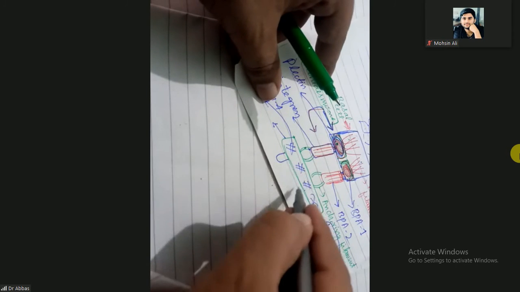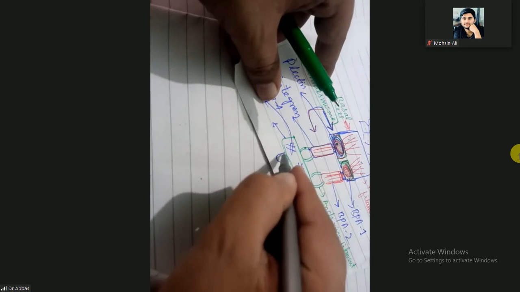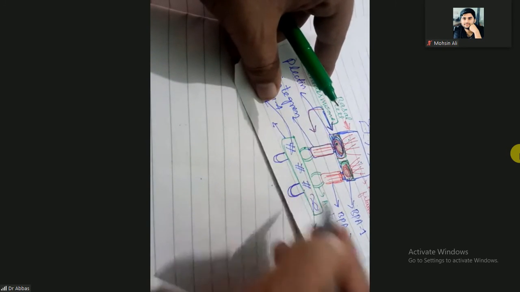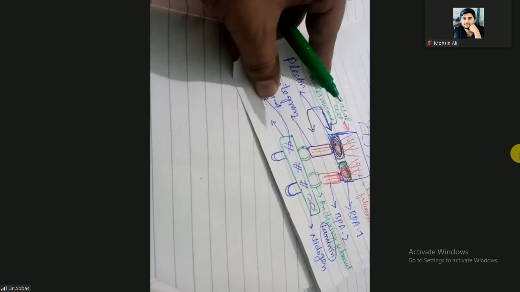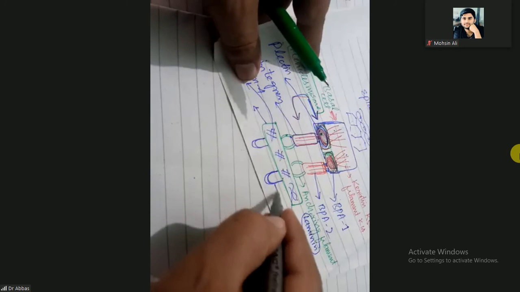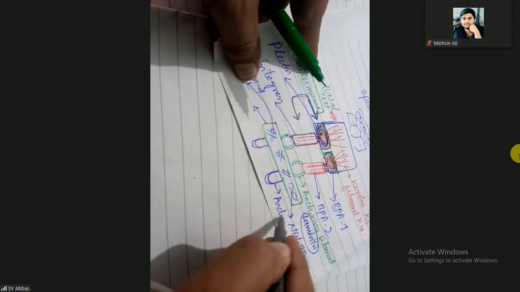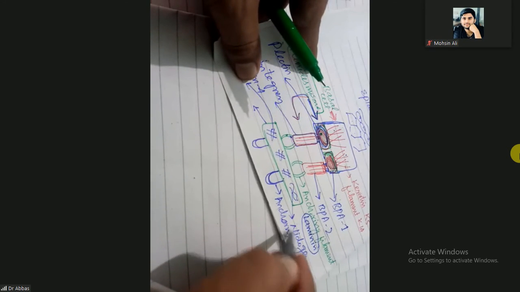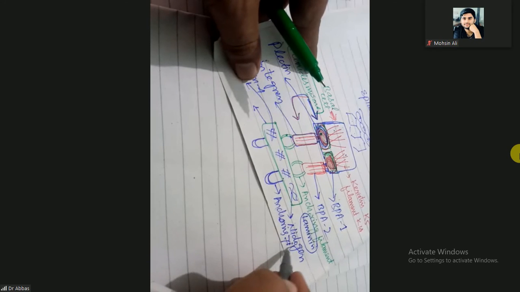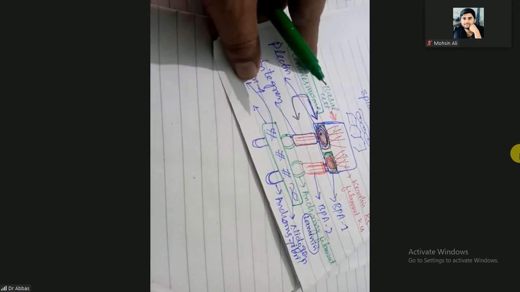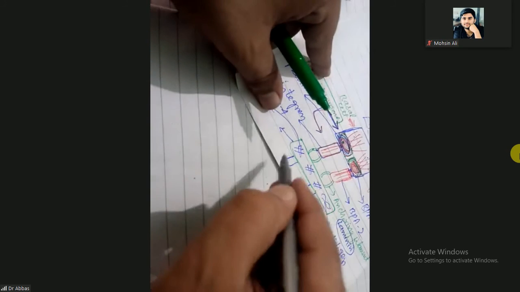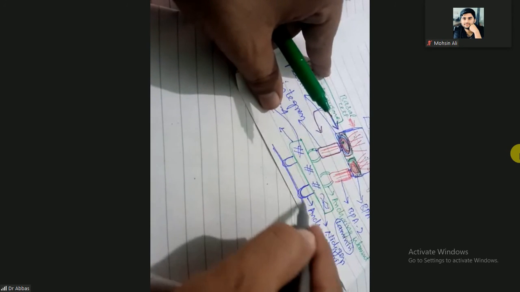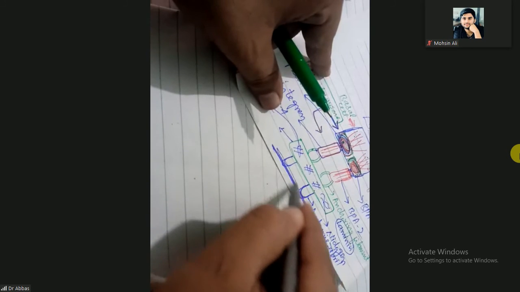Lower to that, it is again attached to filaments, and those filaments are the anchoring fibrils. Okay, and lower to that will be the dermis.